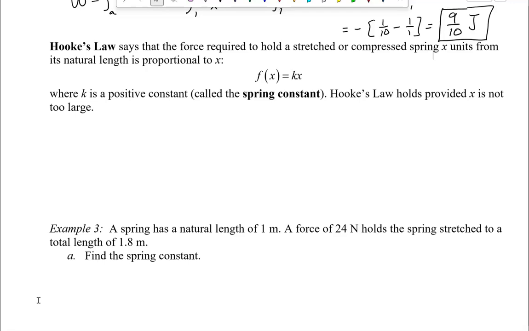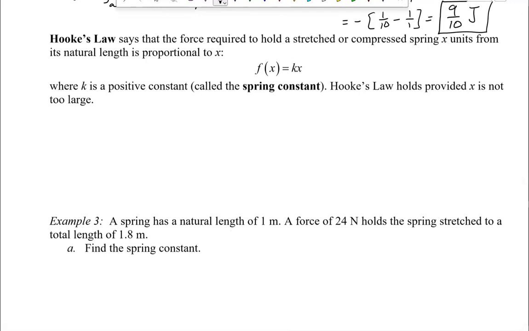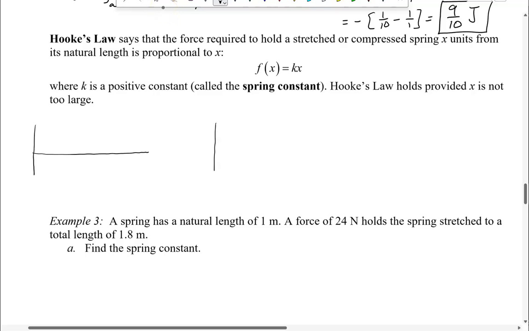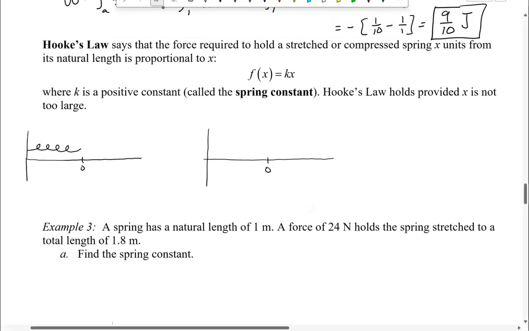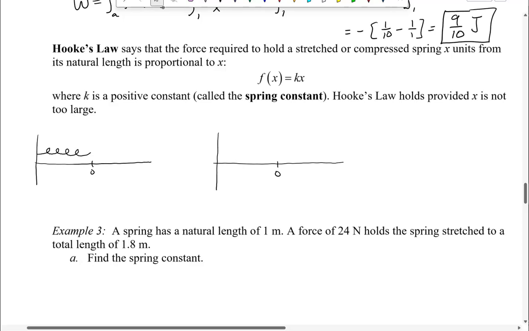So if we imagine a spring, I'm going to draw a couple of these. Let's just put 0 right here, let's say. And maybe our spring in its natural length looks like this. When I say natural length, I'm basically saying that there's no force being applied to it, right?